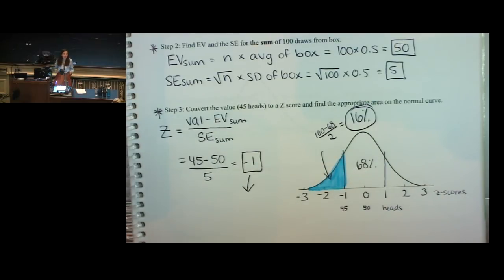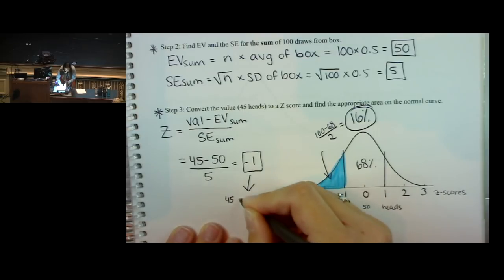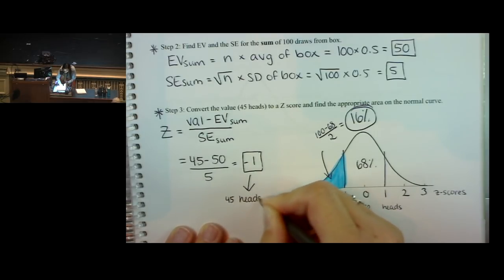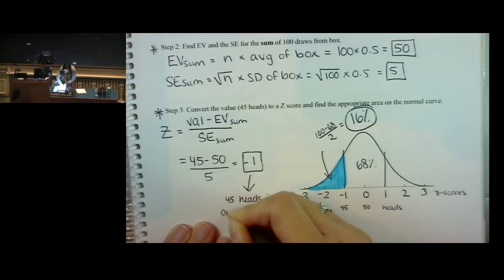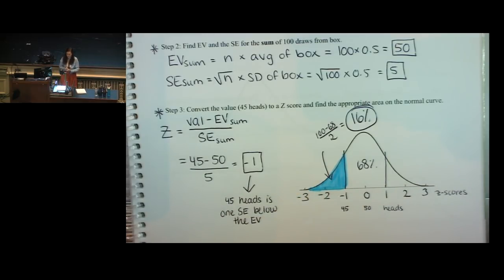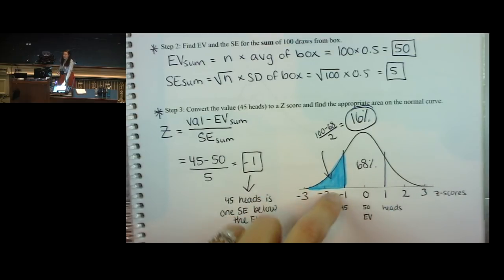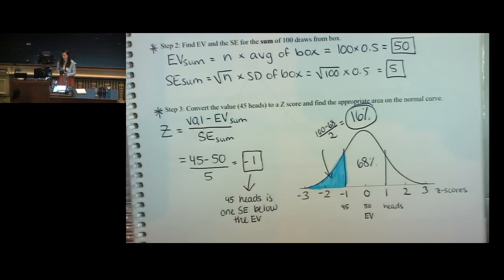This means that if you get 45 heads, so this is the z-score for 45 heads, then 45 heads is 1 standard error below the expected value. The expected value is 50, and if I go 1 standard error below, I get right at 45.